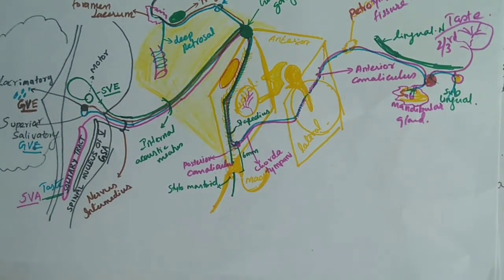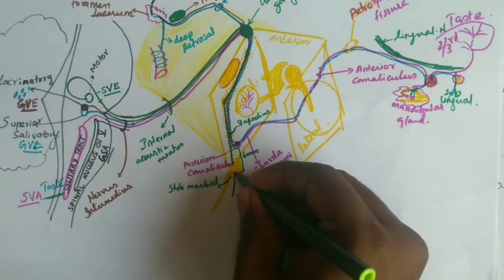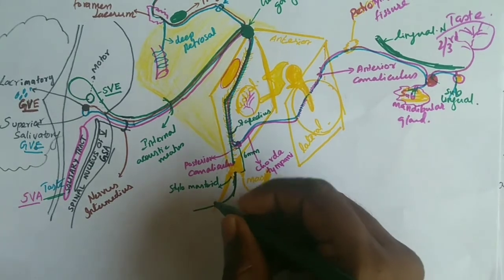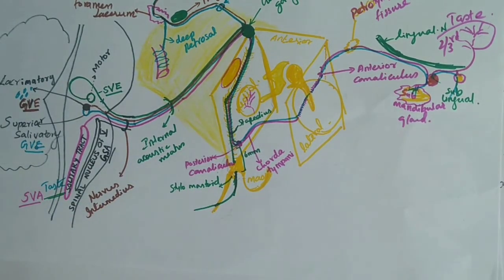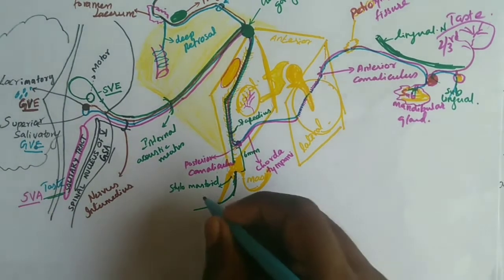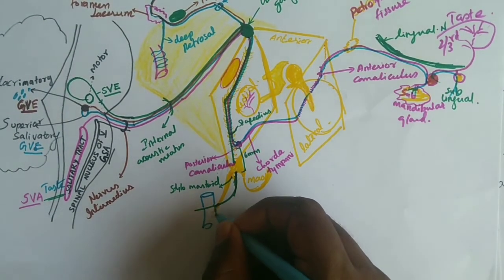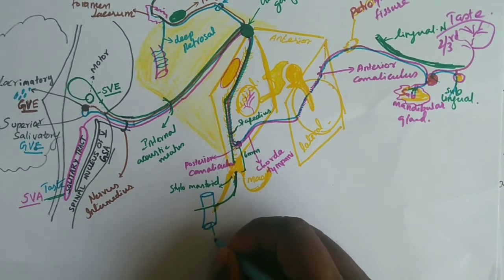Now, the nerve which is emerging out will cross the styloid process and it will cross a vein, the retromandibular vein.